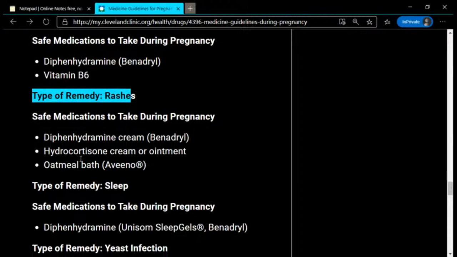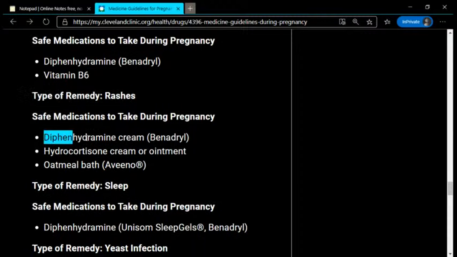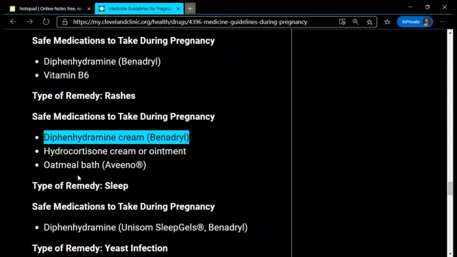Type of remedy, rashes. For rashes in pregnant women, can take diphenhydramine cream, hydrocortisone cream or ointment, hydrocortisone, oatmeal bath.